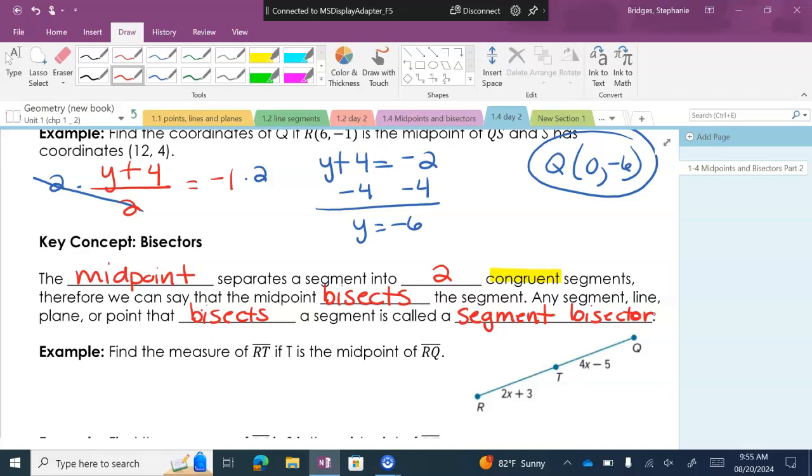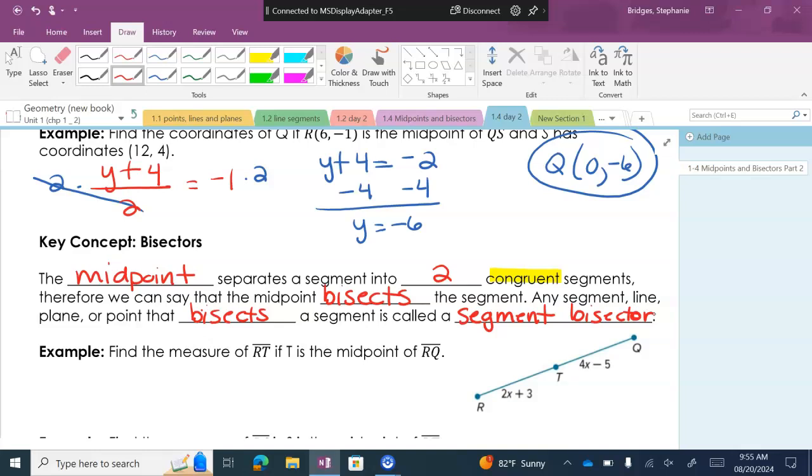Do you remember how I mentioned the other day that in geometry we cannot assume things, that I either have to be told that or shown that with markings? So this is another way I can tell you that you're going to have congruent segments, is I can say that this is a segment bisector, which means it has cut that segment in half. Right? Is everybody okay with that?